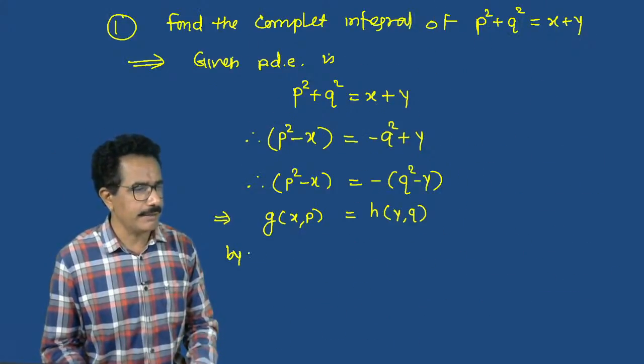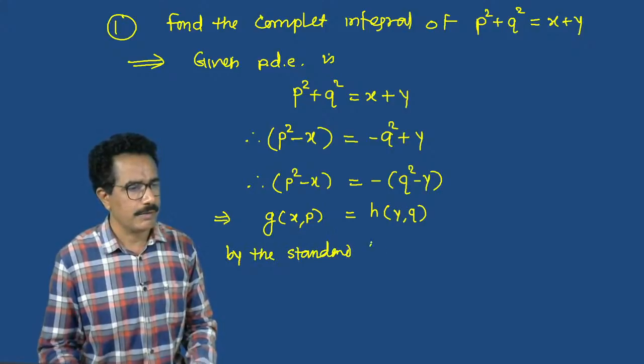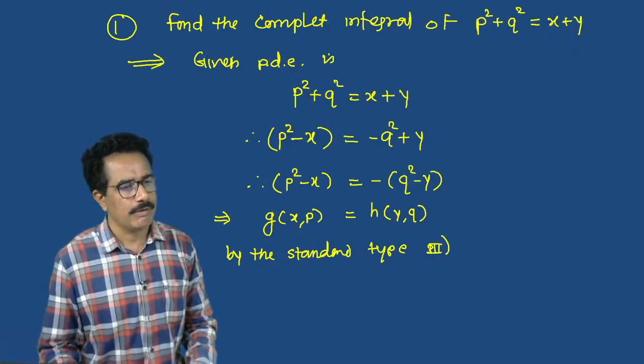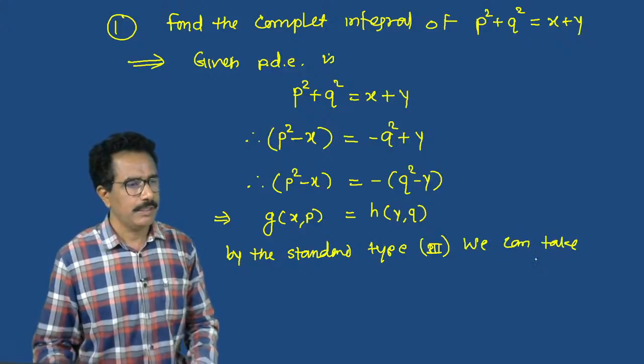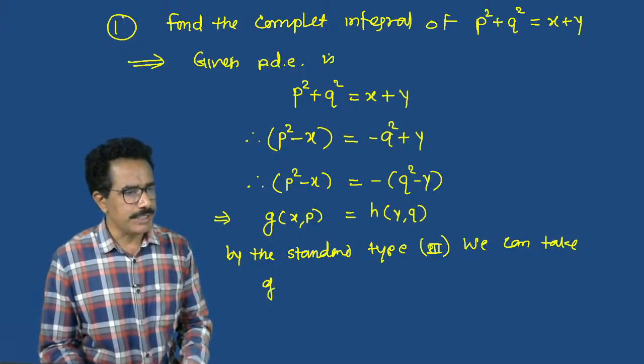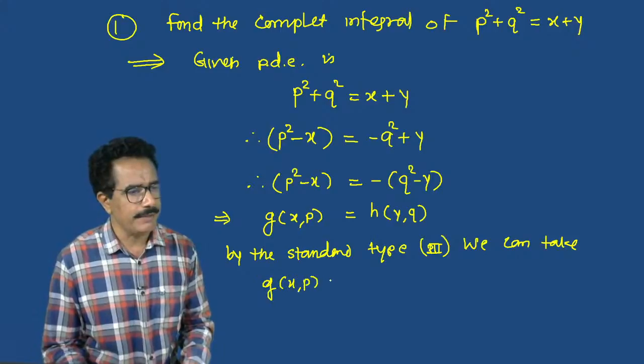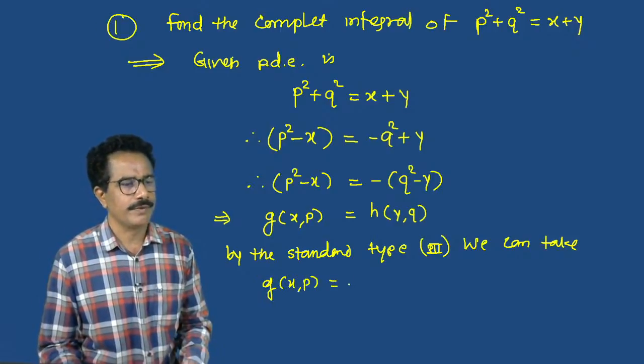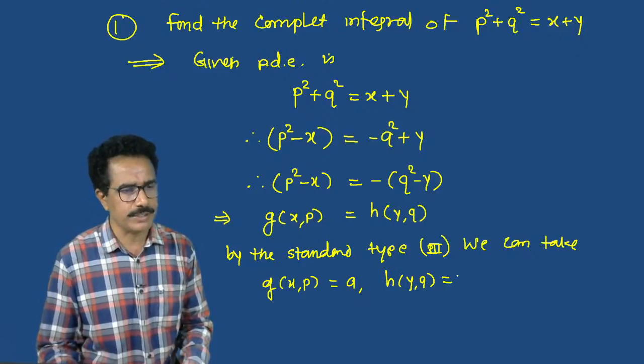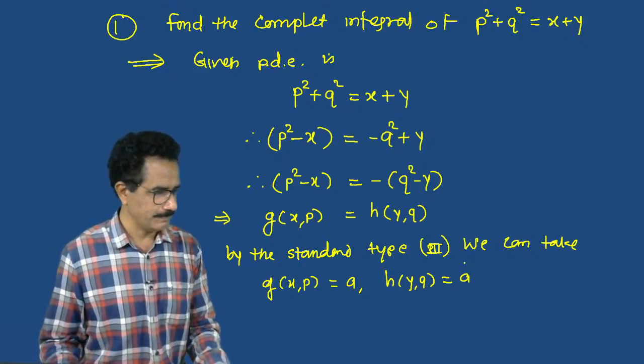Therefore, by the standard type 3, we can take g of x comma p equal to a, h of y comma q also equal to a.